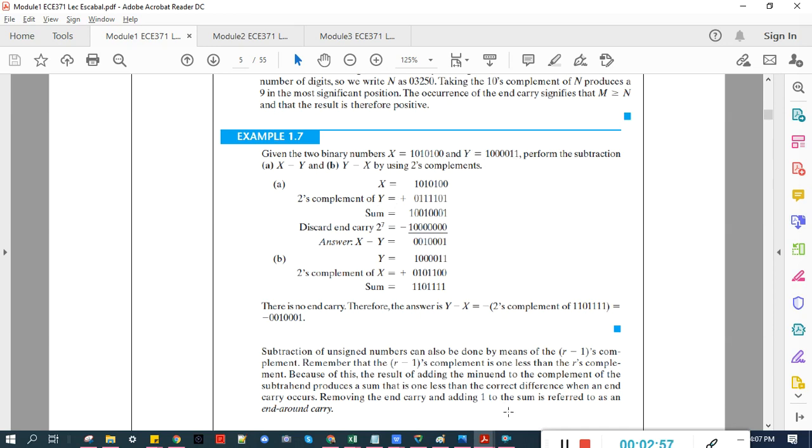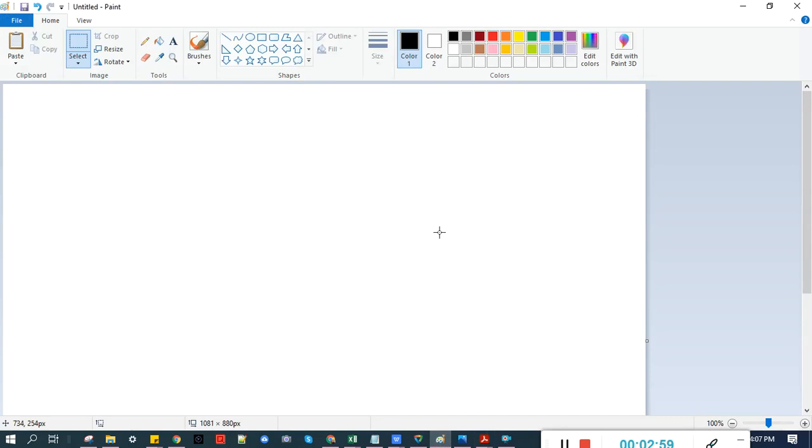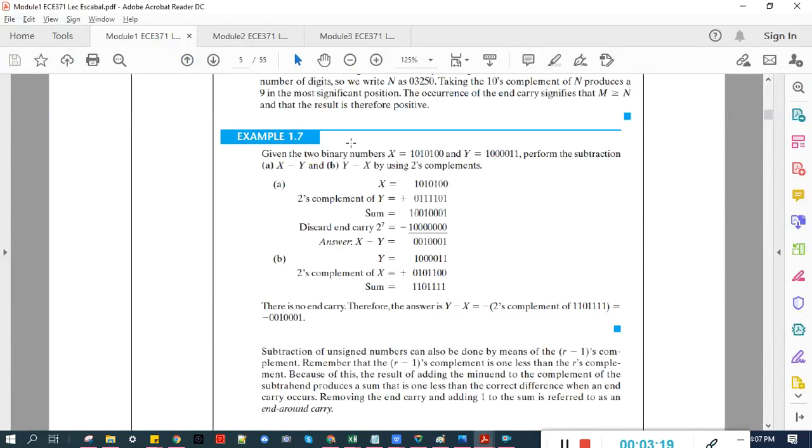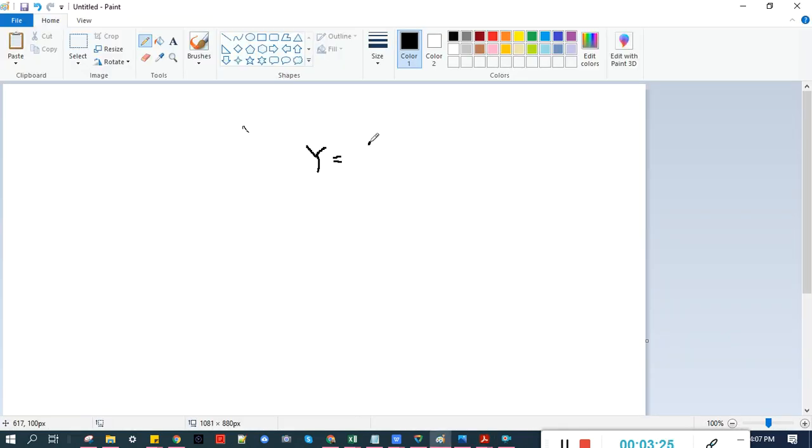Let's write it down. But we have y is equal to 1, then 4 zeros, 1, 1.